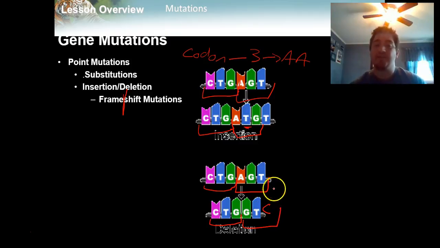So these insertions and deletions could cause a huge problem in the DNA because they're going to shift the entire frame of that basically chromosome, of that DNA molecule. You're going to affect plenty of genes here because now it's kind of like reading one off. Imagine if you had a paragraph and then you took a period or a comma and you moved it all 2 words ahead.